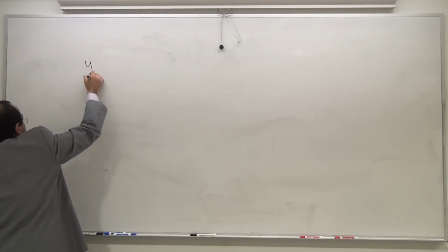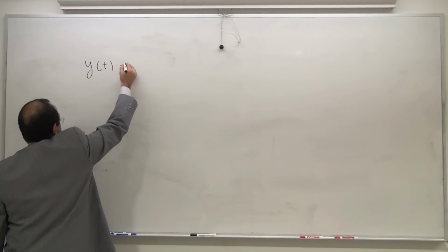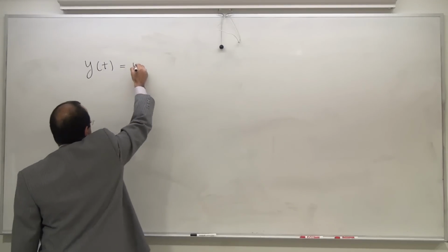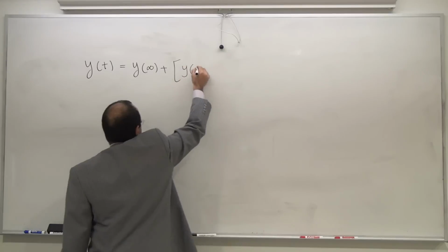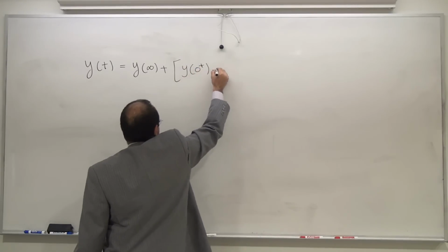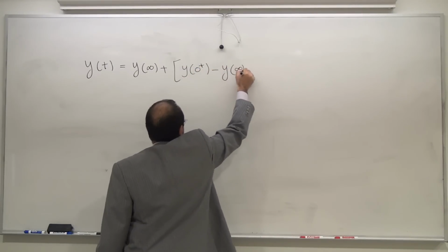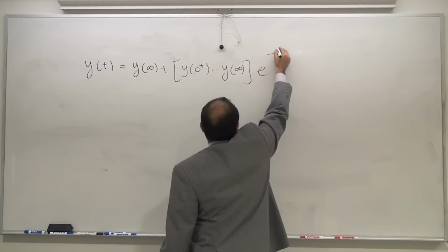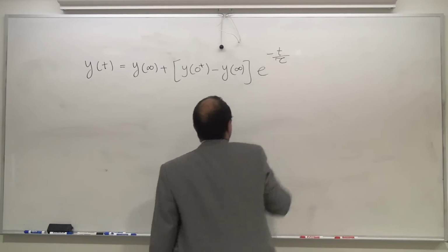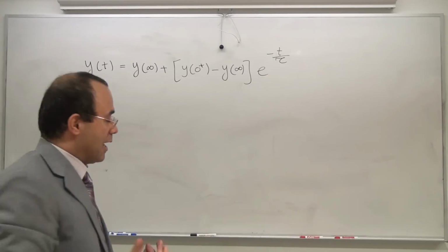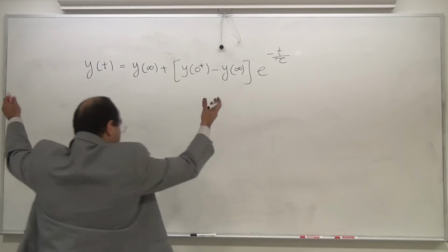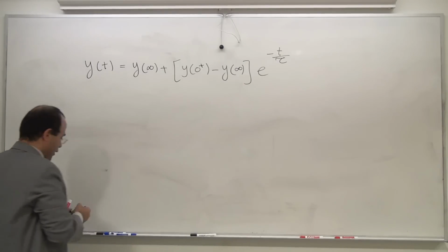What was the function we had discussed so far? Y of t, the current, the voltage, is y of infinity plus y of 0 plus minus y of infinity, e to the power of minus t over tau. Whether this is for an RC design or RL design, that's the type of function I'm going to see.